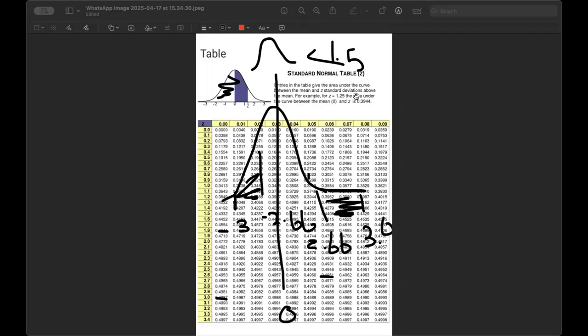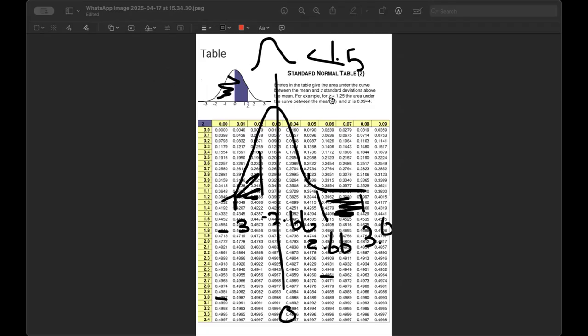This part we can calculate directly from the table you were given. Reading 2.37, that is 0.4911.